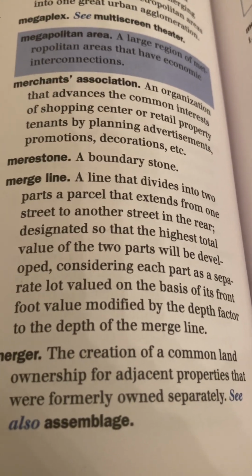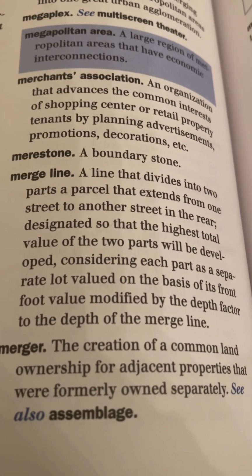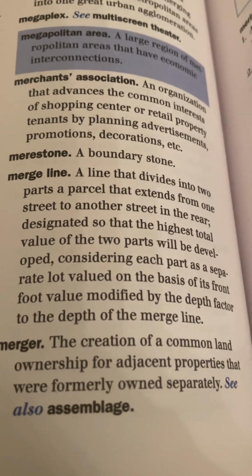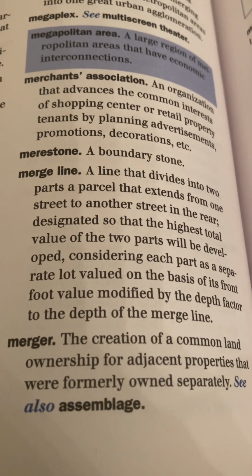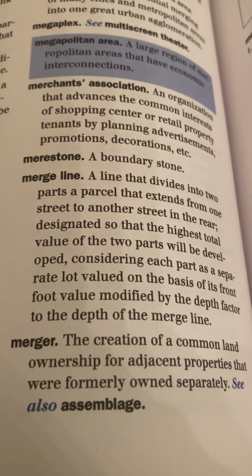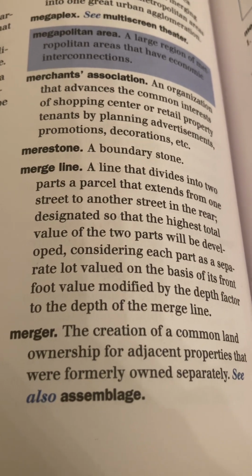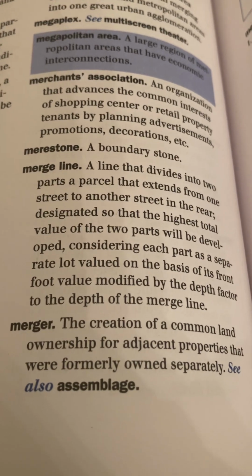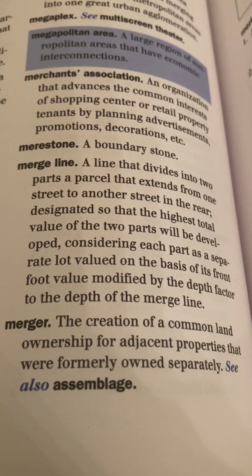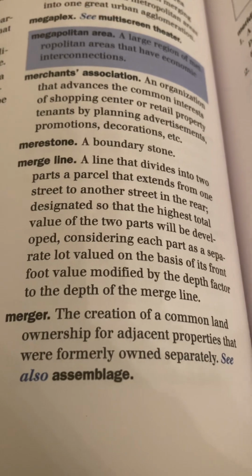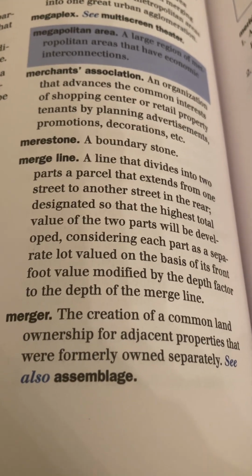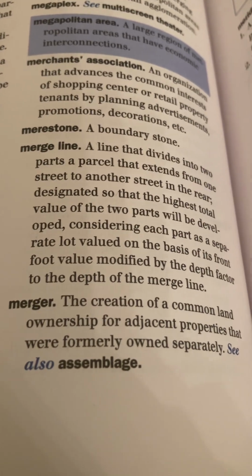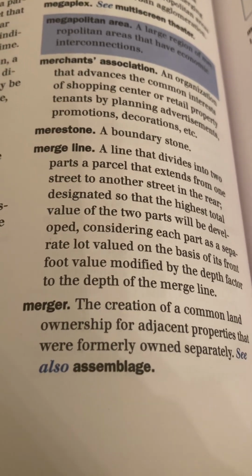Considering each part as a separate lot, valued on the basis of its front foot value, modified by the depth factor to the depth of the merge line. Merger, the creation of a common land ownership for adjacent properties that were formerly owned separately. See also assemblage.